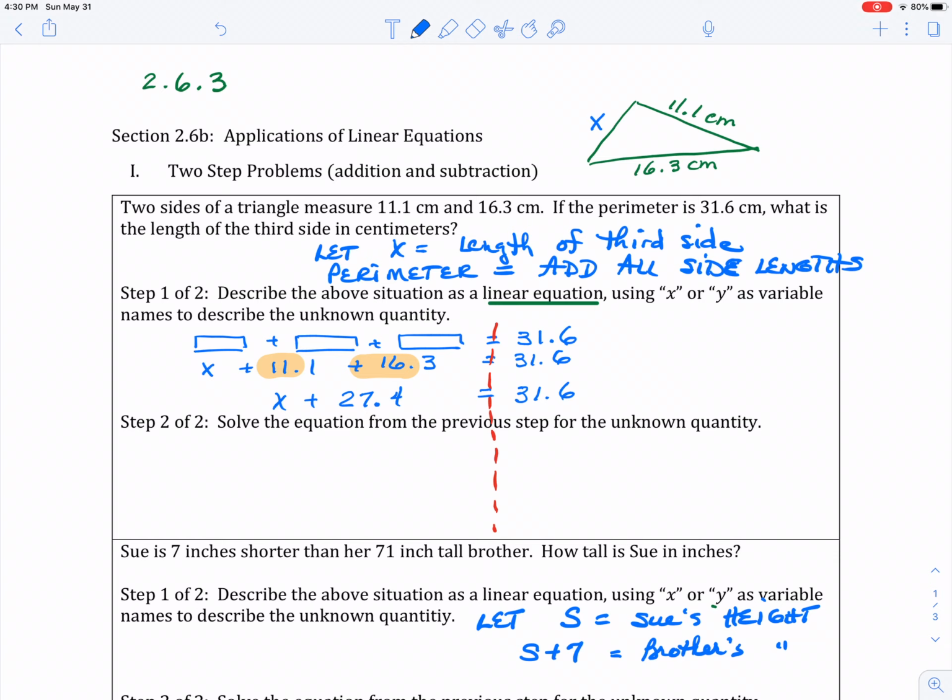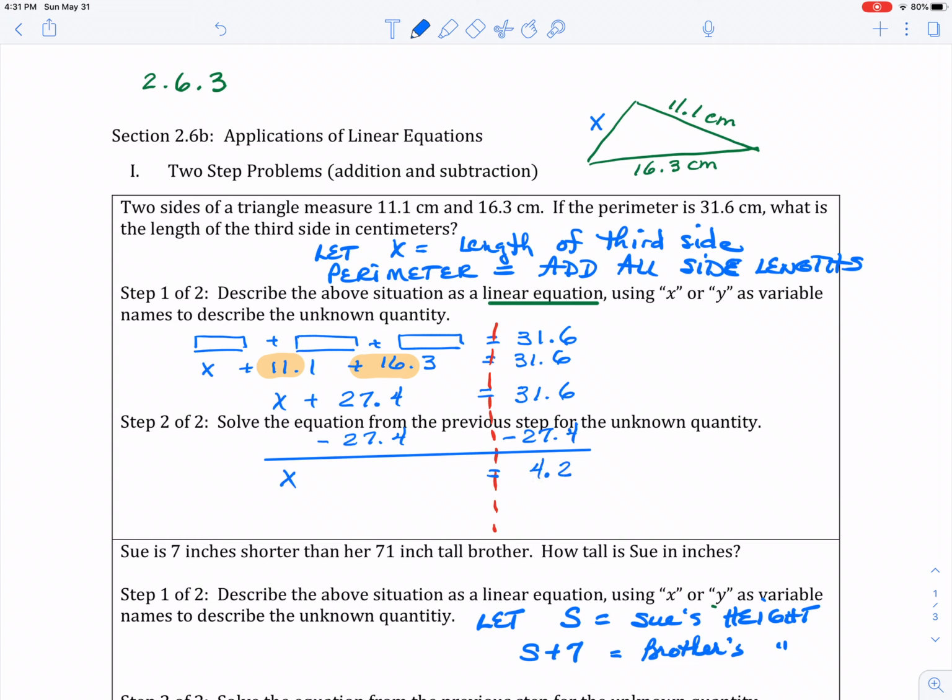All right, so now as I proceed on to solve, you can see that I need to subtract away this 27.4 from both sides to maintain the balance, to isolate the variable x. And I'm going to quickly type into my calculator 31.6 subtract 27.4, and that leaves me 4.2.